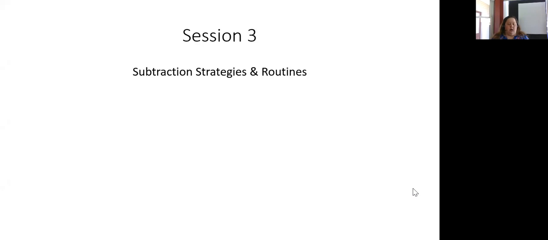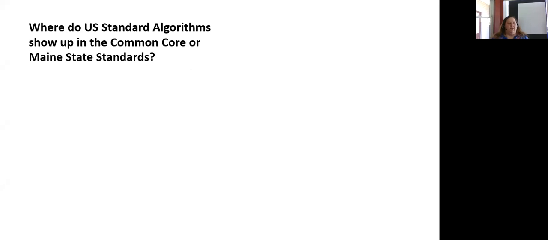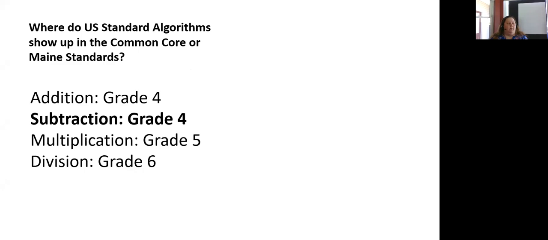I'm going to share my screen, and one of the things we talked about last week was where we expect to see the standard algorithm, the US standard algorithm, the way that we were pretty much taught, used fluently according to the Common Core standards. When we looked at addition and subtraction, both actually show up in grade 4.